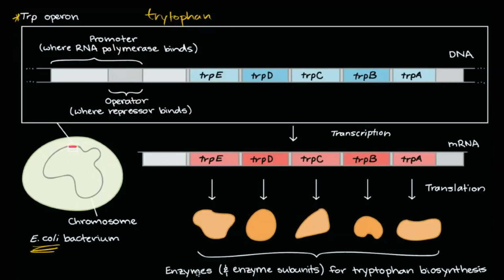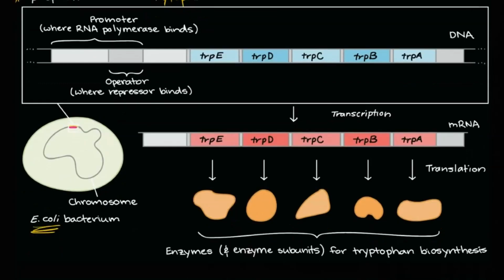The enzymes are made up of amino acids, but then they're used to make particular amino acids. So trpE, D, C, B, A, once they are transcribed into mRNA and then translated in the ribosomes, these enzymes are used to create tryptophan for tryptophan biosynthesis.